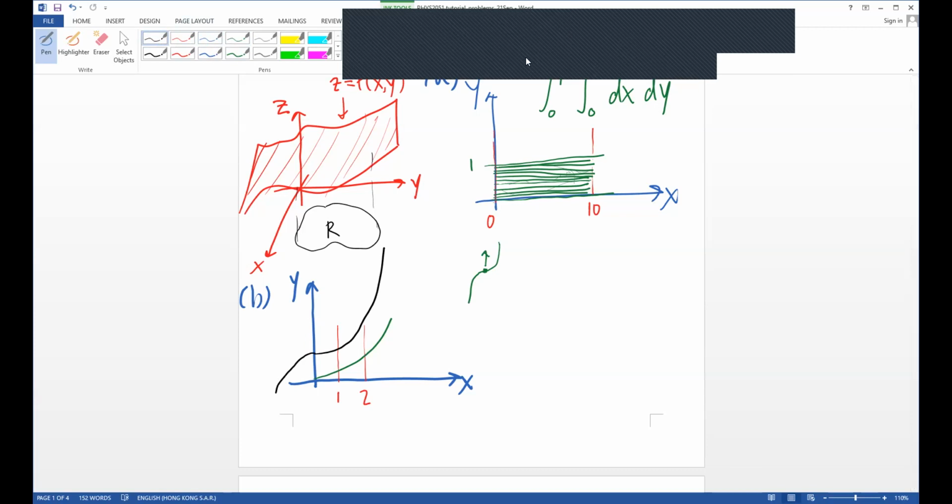The region bounded by all 4 lines is this.